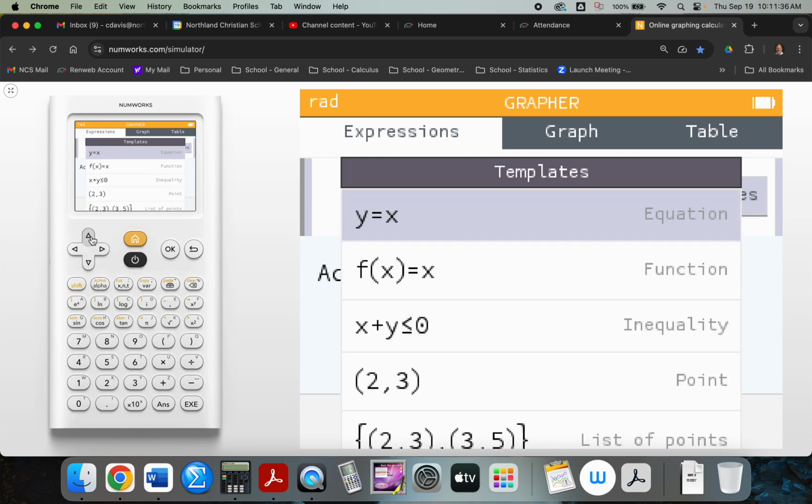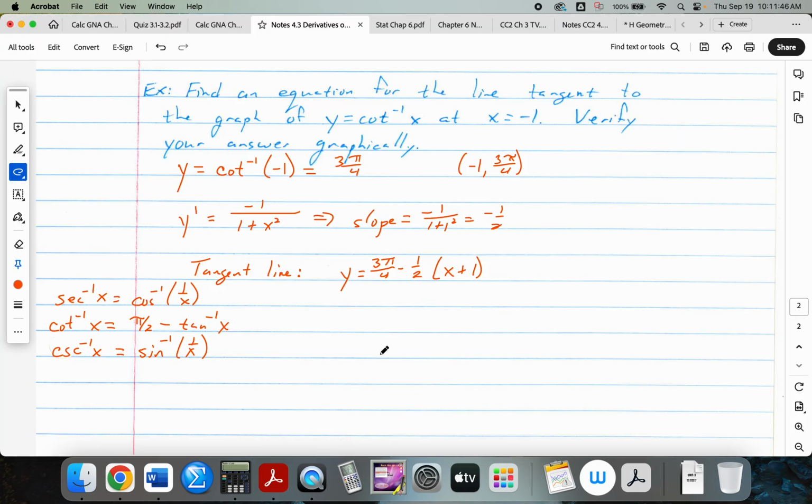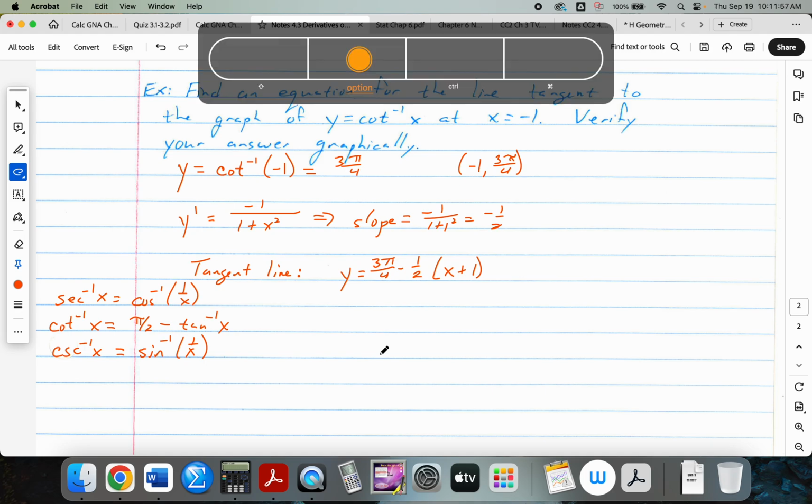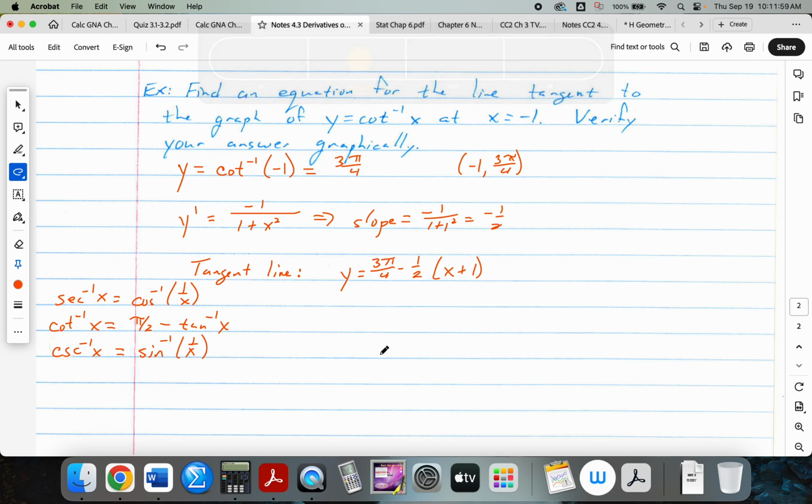That doesn't mean that it's not there. I just don't know where it is, if it's anywhere. Anyway, you get the idea. You can tell that I'm not going to major on this, and this isn't something that they ask a lot on the AP exam. They are interested that you know the derivatives of those, but that's about as far as it goes. All right. Okay. And that's it then.